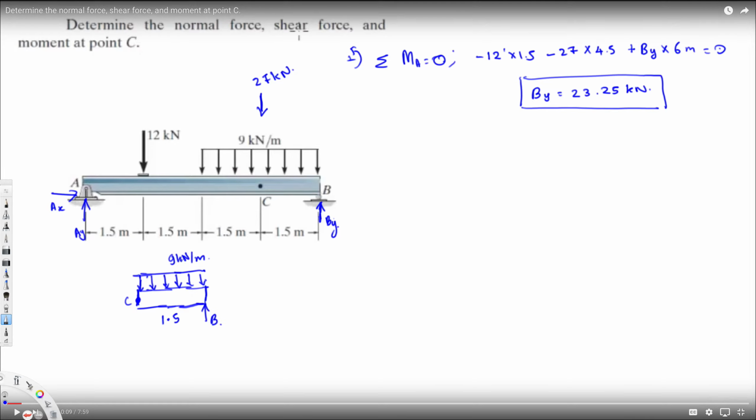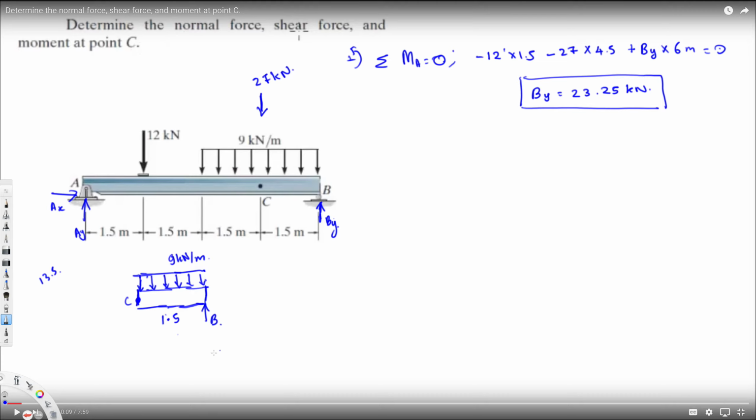Now we have to calculate the middle force again. I multiply 9 by 1.5, which gives me 13.5, exactly in the middle, so it's going to be 0.75 meter distance.